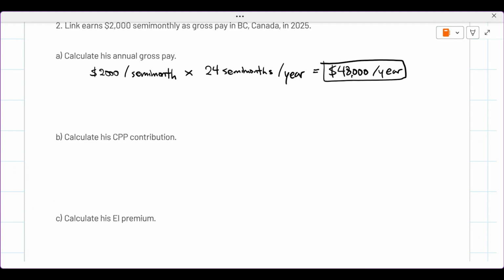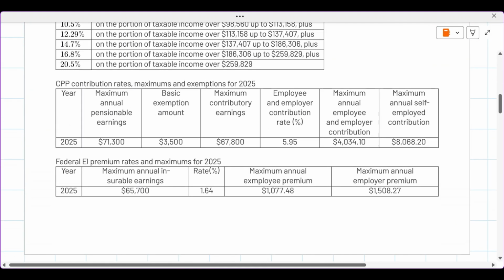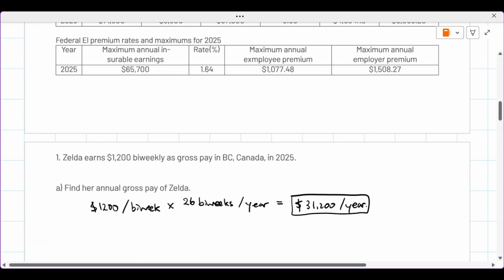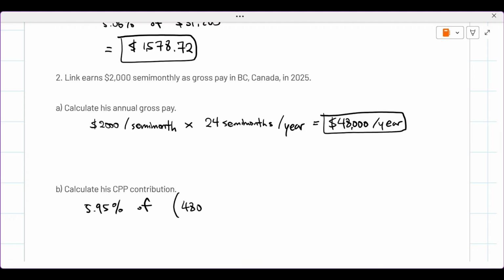Now let's calculate the CPP contribution. One thing we know about the CPP contribution is that there is something called the basic exemption amount. So the first thing we need to do is subtract the 3,500 from the pensionable earnings, and then multiply by 5.95%, which is the employee contribution rate. So that's 5.95% of the $48,000 minus the $3,500.